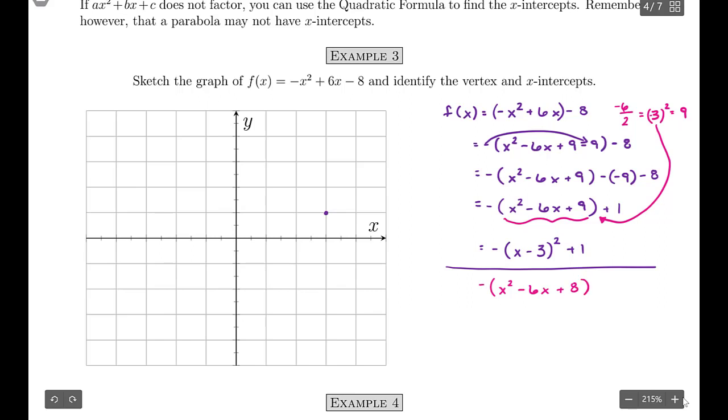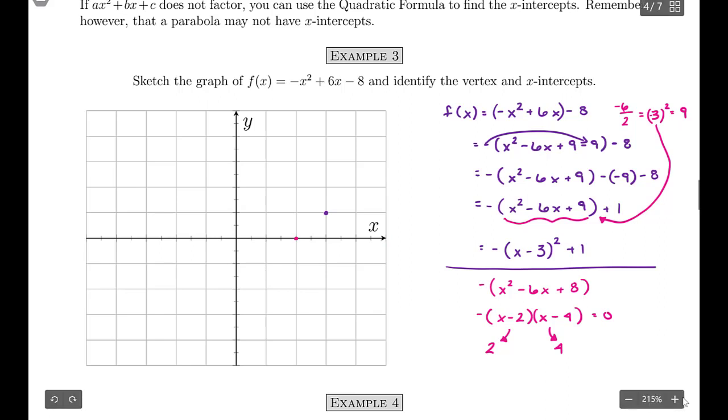And the way that will factor will be negative x minus 2, x minus 4 equals 0. The zero product property tells me that I will have a factor of 2 and a factor of 4. So I cross the x-axis at positive 2 and positive 4.